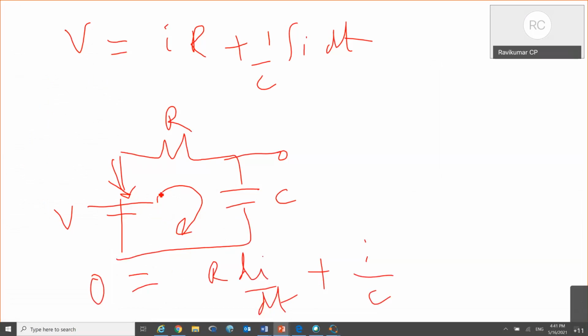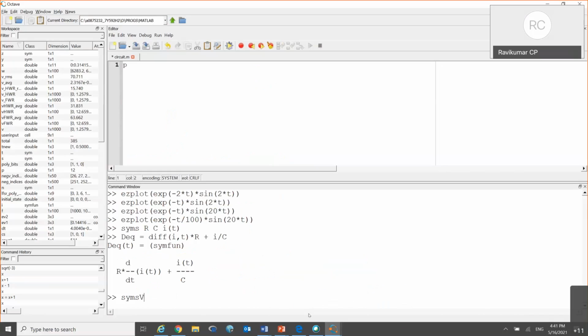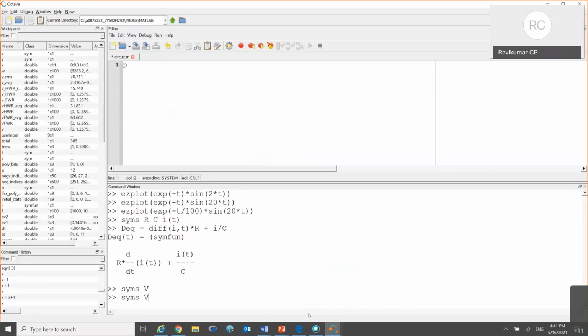So the voltage across R is V. Therefore, the initial current will be V by R. So initial current is V by R. So we'll declare a symbol called V. And we'll have to say dsolve. This is the differential equation. And I think this is the way to do it: I0 equal to V by R. I think this is the way to do. I forgot.